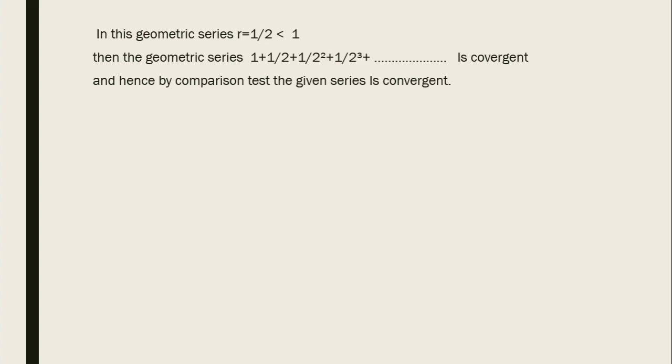In this geometric series, r is equal to 1 divided by 2, which is less than 1. And friends, we already saw that in a positive term geometric series, when r is less than 1, the geometric series is convergent.